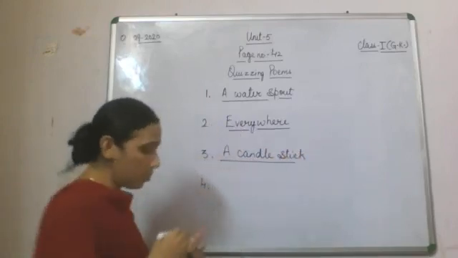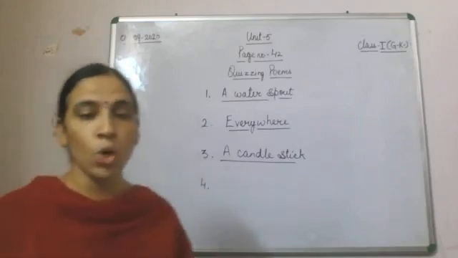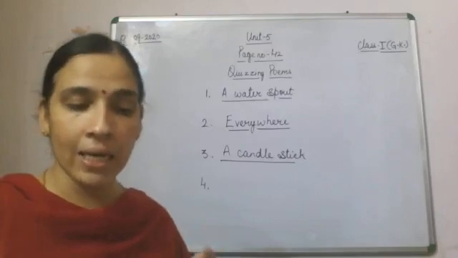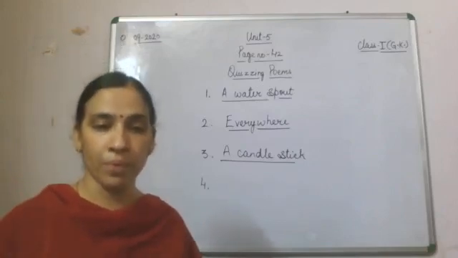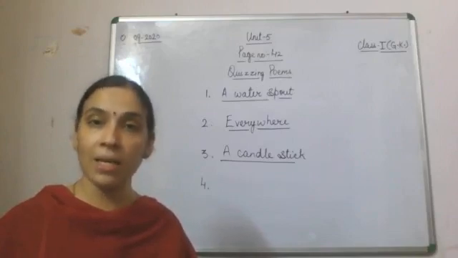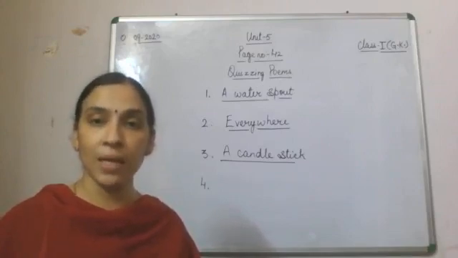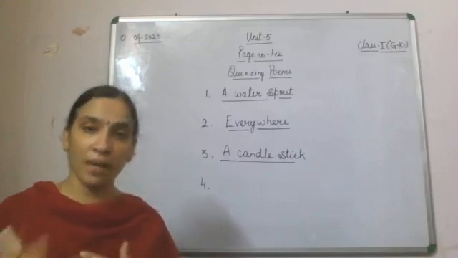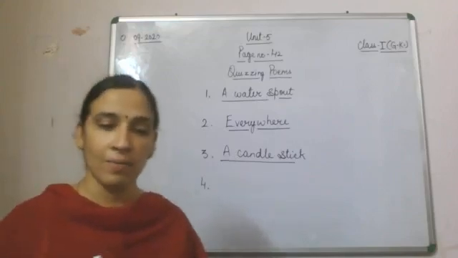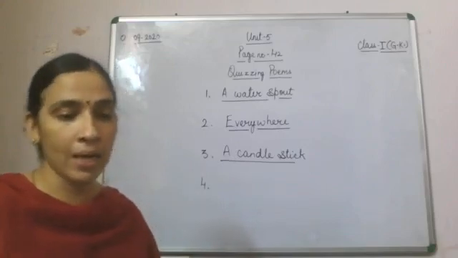Now number 4, what is number 4? Who fell down and hurt his head in this poem? Jack and Jill went up the hill to fetch a pail of water. Jack fell down and broke his crown. Fine, and Jill came tumbling after.